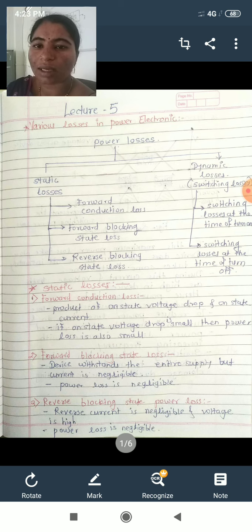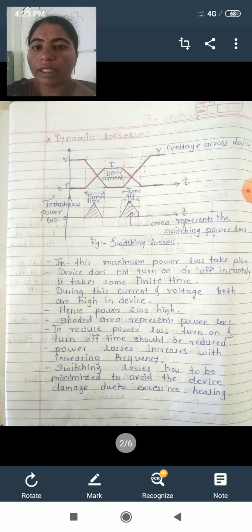Dynamic losses are also called switching losses. See one by one. There are two types of switching losses: loss at the time of turn on and loss at the time of turn off of the SCR. Now see this explanation with the help of a diagram.